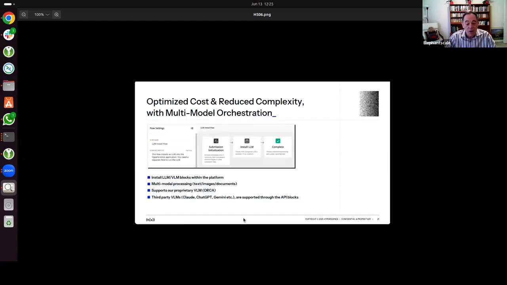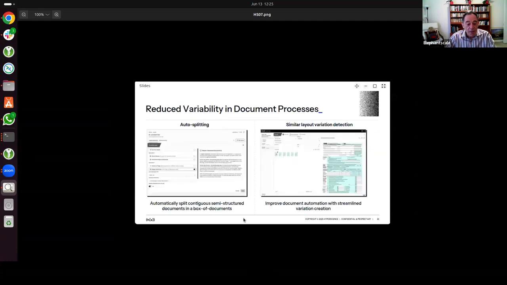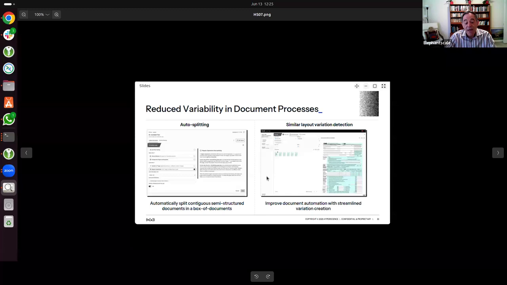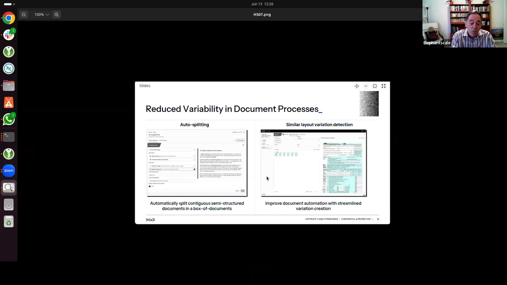Okay, optimize cost, meaning you will pay us. The next, reduce variability in document processes, just means that AI today is smart. And investigate, can you delegate more and more to the AI? Now that comes to the interesting statement. Sam Altman said that in the beginning, all of the startups were betting against AI.